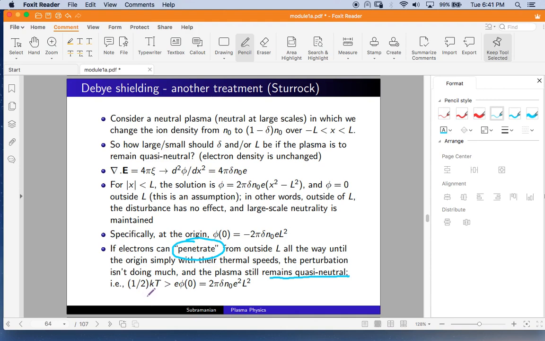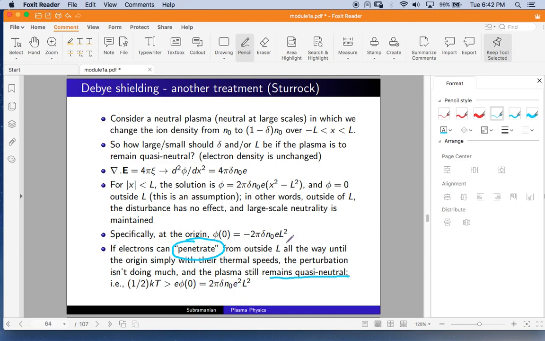Okay, remember v_rms goes as the square root of kT. There's a factor of 3/2 or whatever, but never mind that. That's just an order of unity factor. So when you have v squared, you have kT, right? And so this expresses the fact that the thermal energy dominates over the electrostatic potential energy, and plugging in for phi naught, you get this.